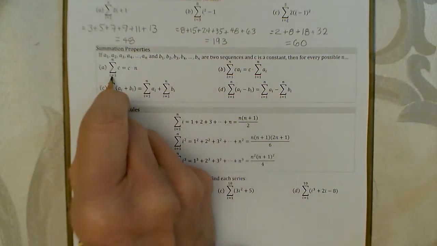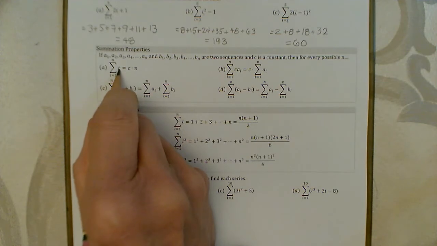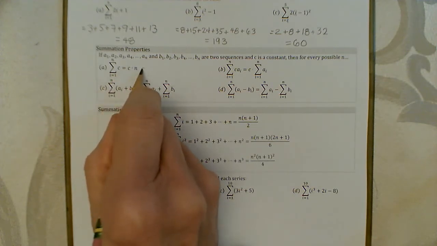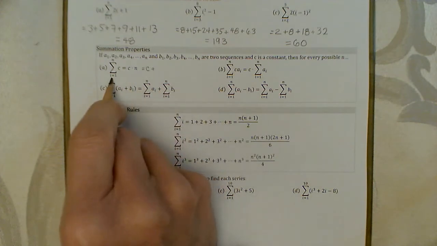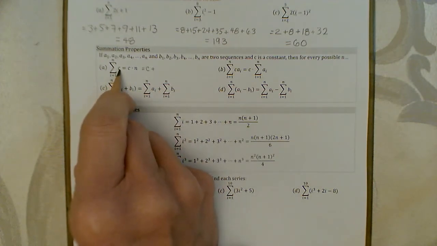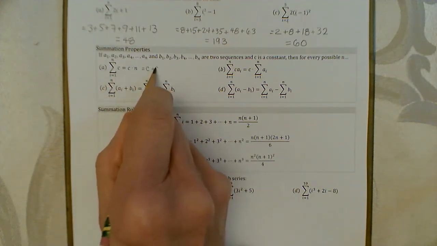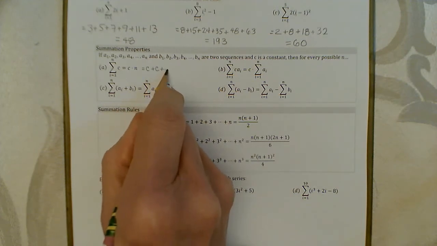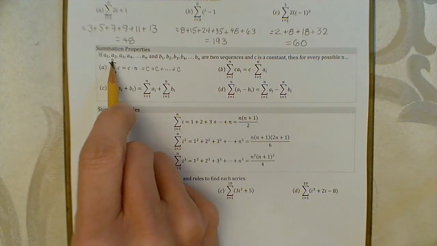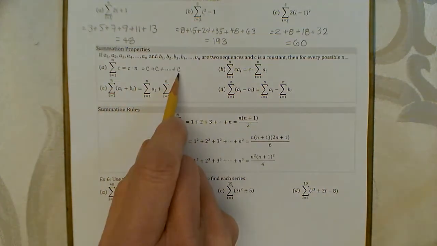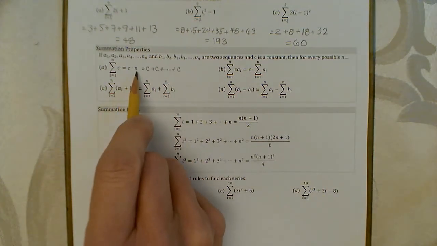So for example, if i is equal to 1, there's nowhere to put i in, so the first term is just going to be a c. Then I add that to the second term. Now i is 2. Well, there's no i in the formula, so the second term is also going to just be c, and so on. That will continue until I have n c's added up, or just c times n.